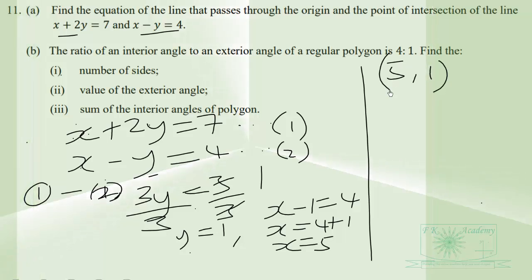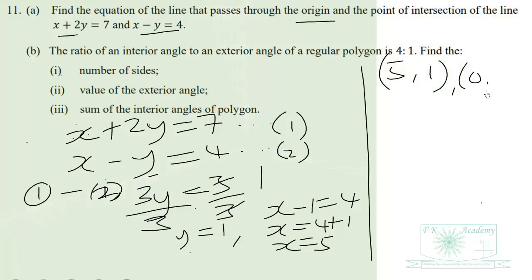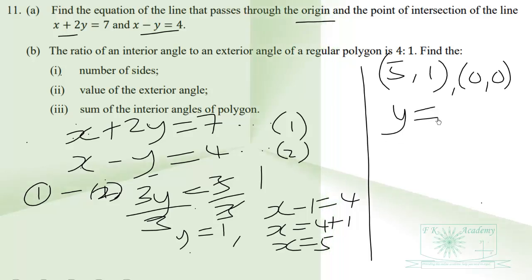Now you have to use this point (5, 1) and the origin to find the equation of the line. Remember that the line that passes through the origin has the equation y equal mx, where m is the gradient.